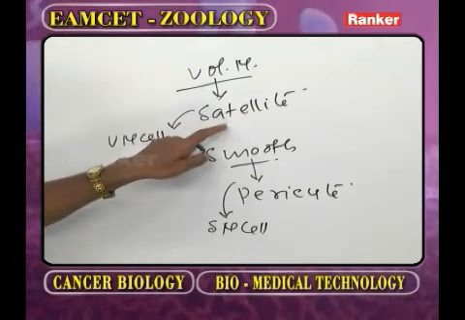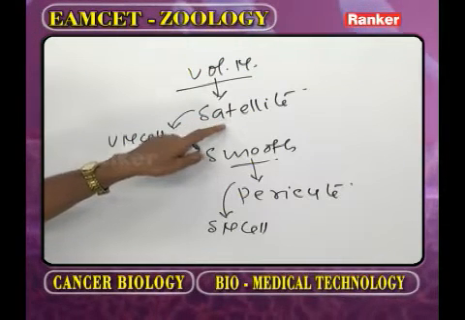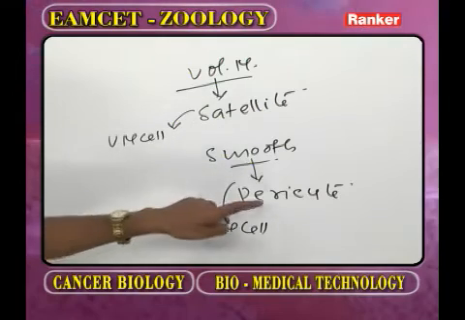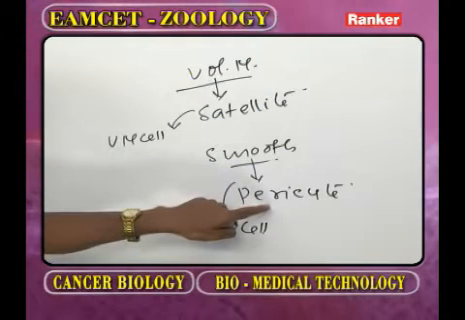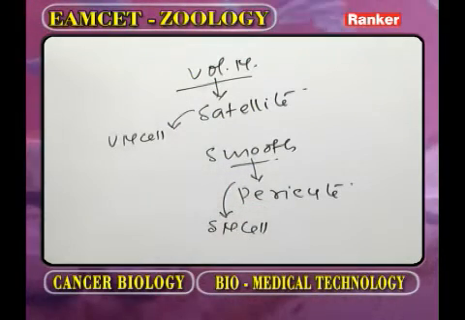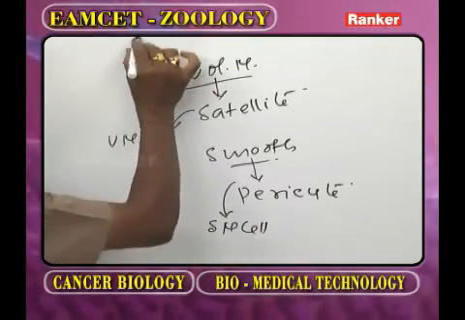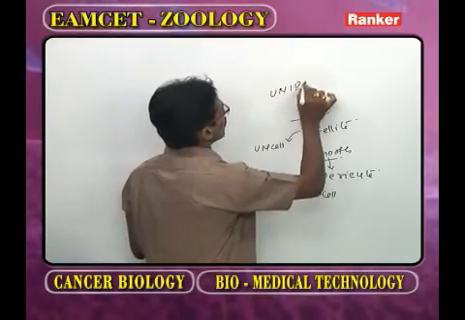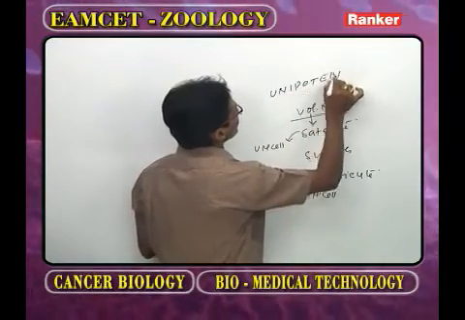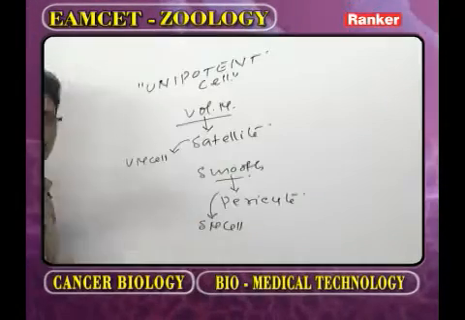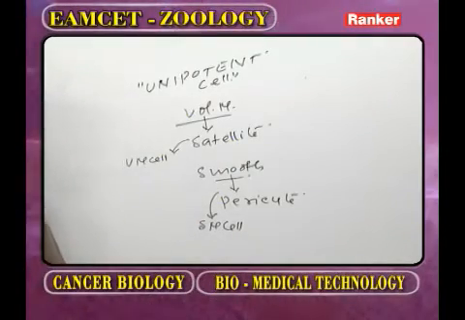The satellite cell always gives rise to voluntary muscle cells, whereas the pericyte always gives rise to smooth muscle cells. So, these two are examples of unipotent cells, which we discussed just before the previous question.